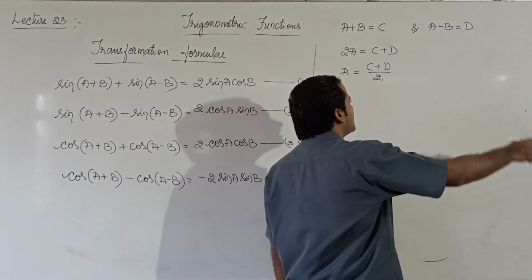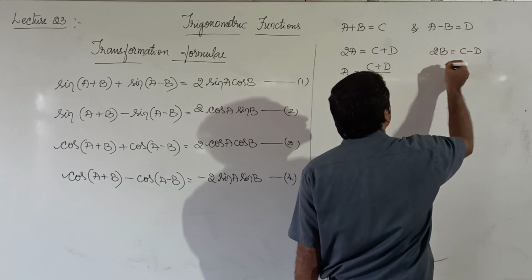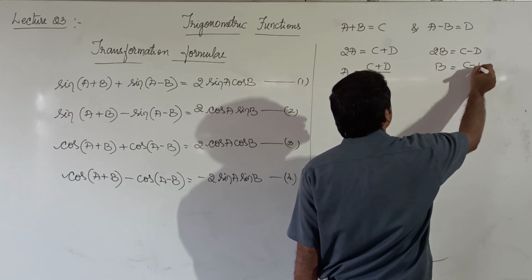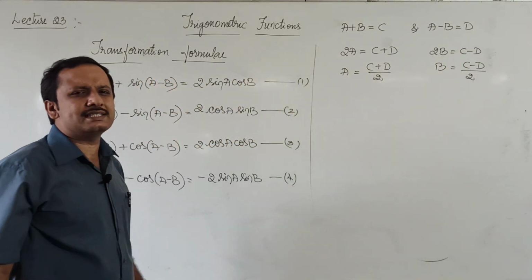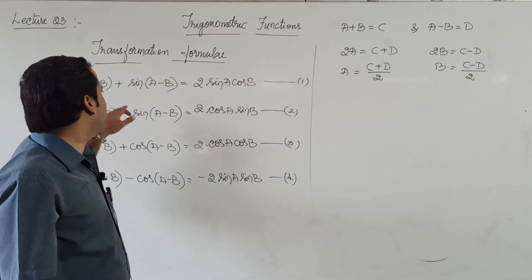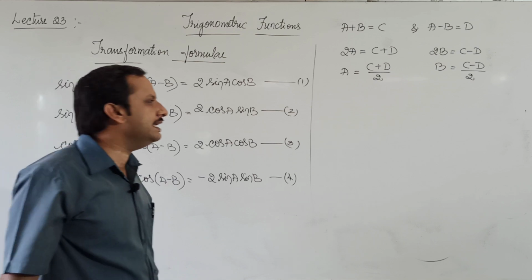B minus of minus b, it will become 2b. That's equal to c minus d, or b is equal to (c minus d) by 2. Let us substitute these things in this equation. I am replacing a plus b with c and a minus b with d.